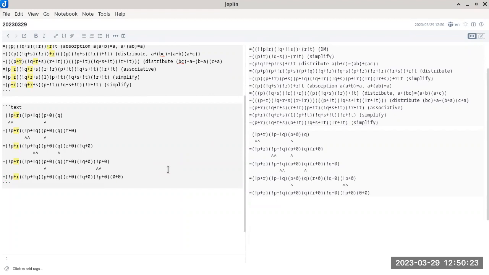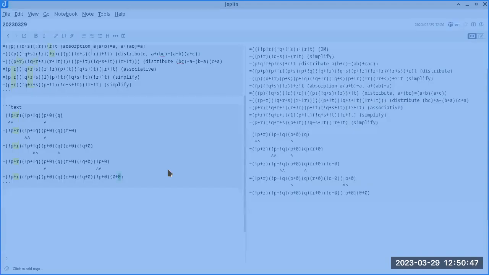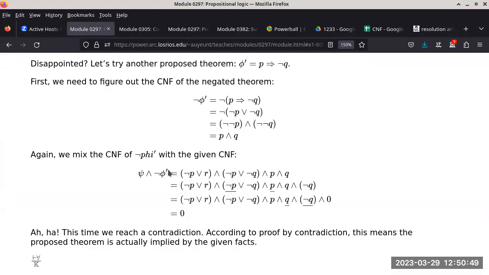So now we have a contradiction because the conjunction between what is known to be true, which is psi, the Greek letter, and the negation of the proposed theorem, which is not phi expressed as a CNF, that super CNF is false. We have just proven that the super CNF is false. Now, if I go back to the notes, what does that mean?